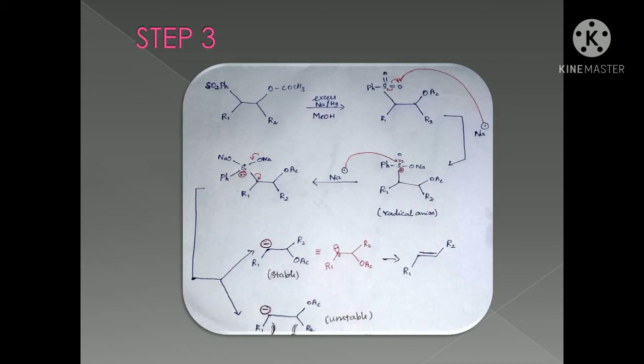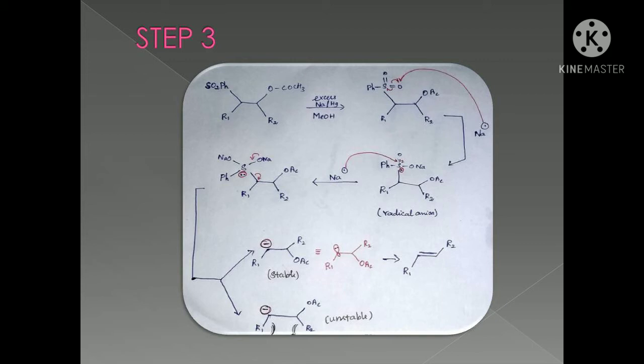Now, there are two possibilities to form product, either cis-alkene or trans-alkene. If it is a cis-alkene, R1 and R2 are syn to each other. If it is trans-alkene, R1 and R2 are anti to each other.